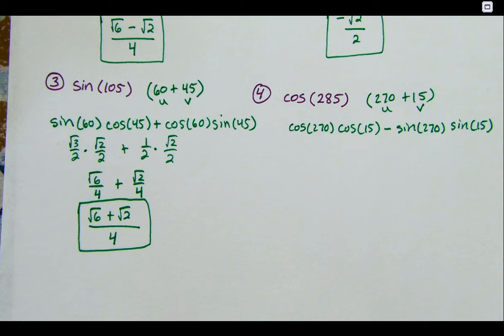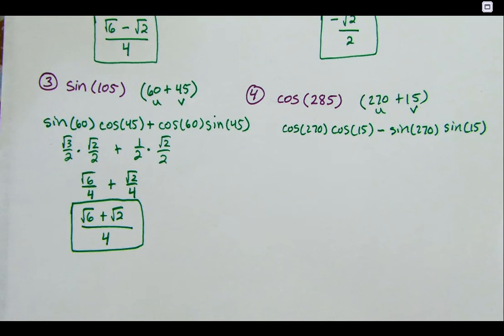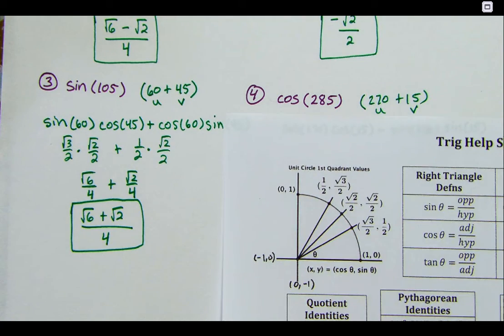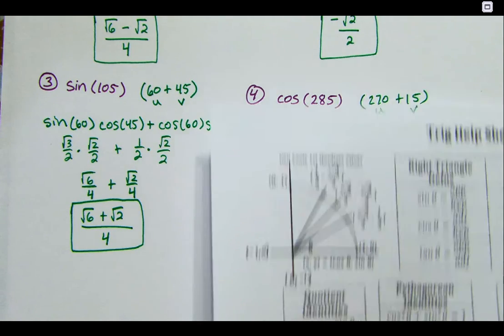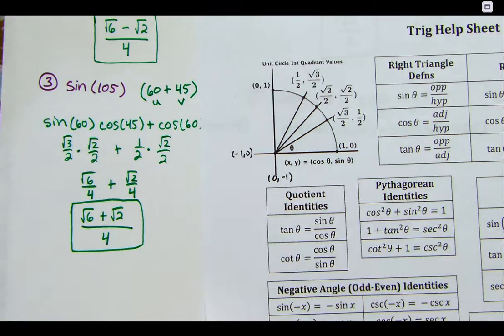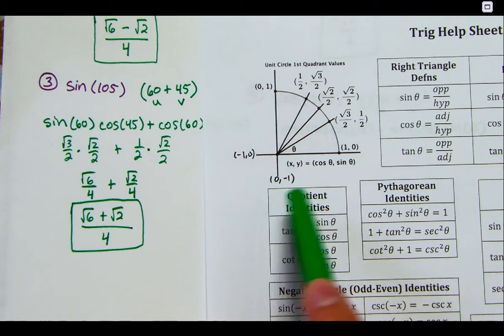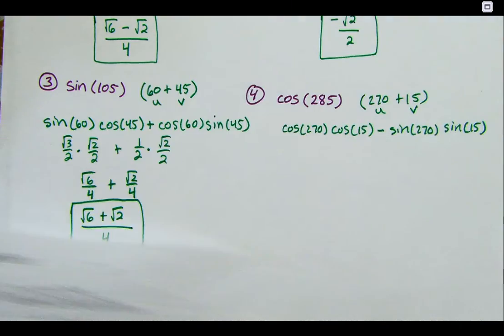Now we don't know the exact answers for cosine 15 and sine 15 because that was not a part of that chart in the corner, but we can figure out the 270. So 270 is here, so the cosine is going to be 0, and then the sine of 270 is -1.